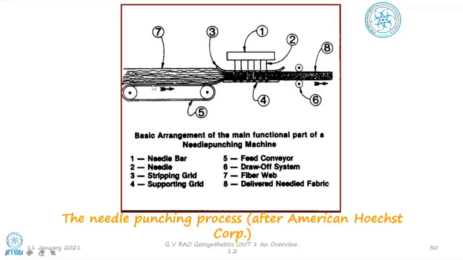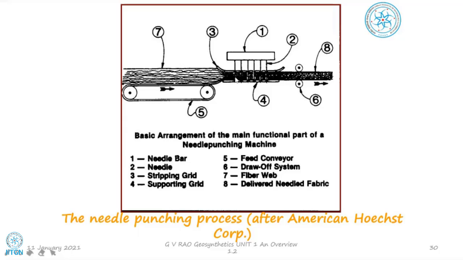So what is happening now in case of a staple fiber? What does it have to do? The staple fiber comes from the fiber manufacture industry in containers, let us say, and those are compressed actually. So now we open up all those bundles, and a machine opens up all of them, and of course finally it comes as a bat or a web. So this is very loose now, and then it is passing through a bed of needles.